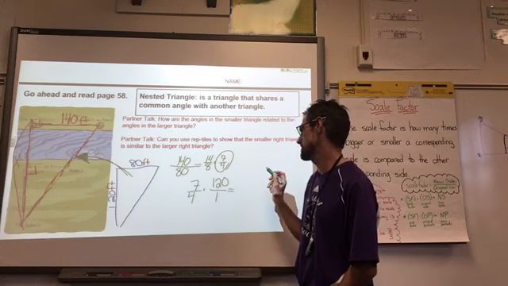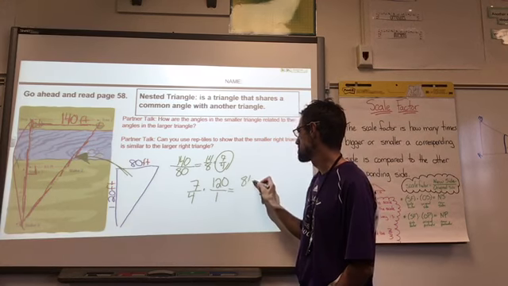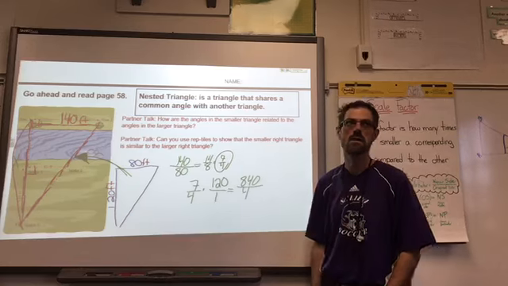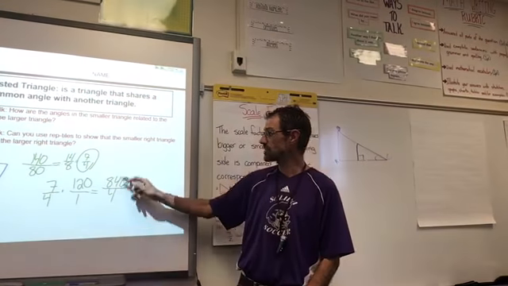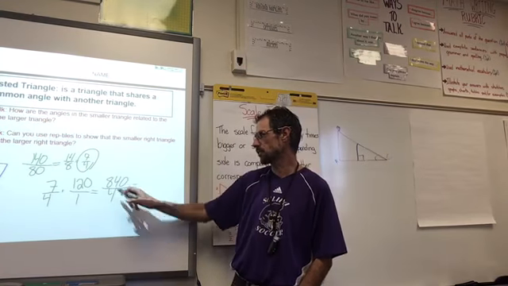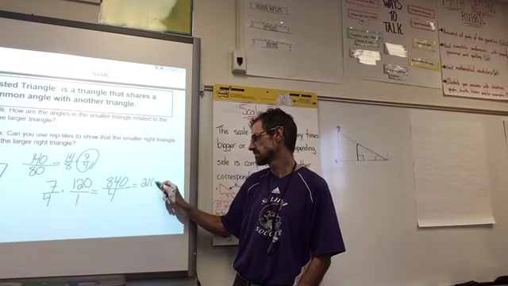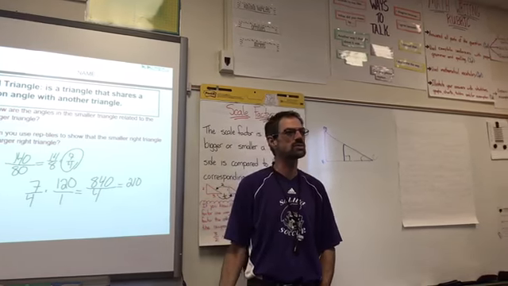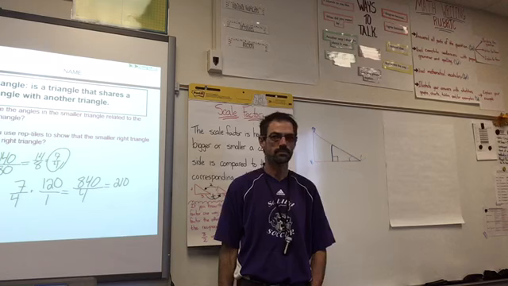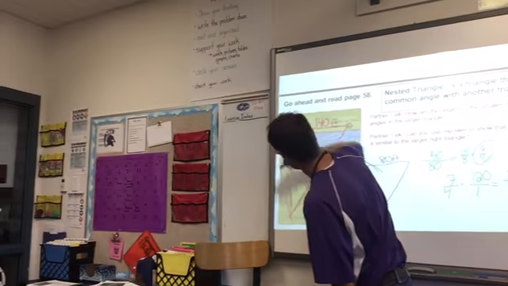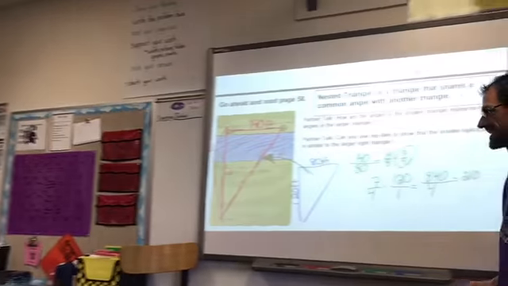What is that, 840? So that's 840 over 4. I can reduce that. How many times 4 go into 8? 4 goes into 4? 210. What's that 210 mean? That is how far this side is. 210.